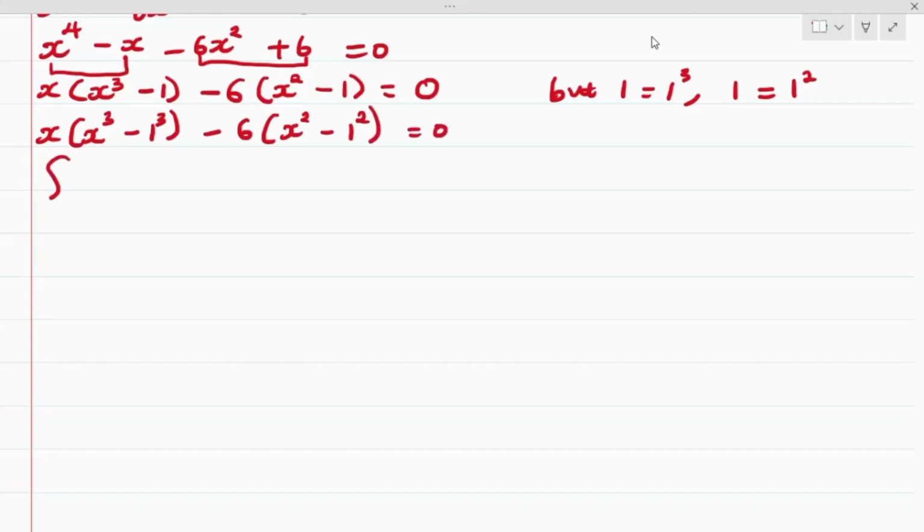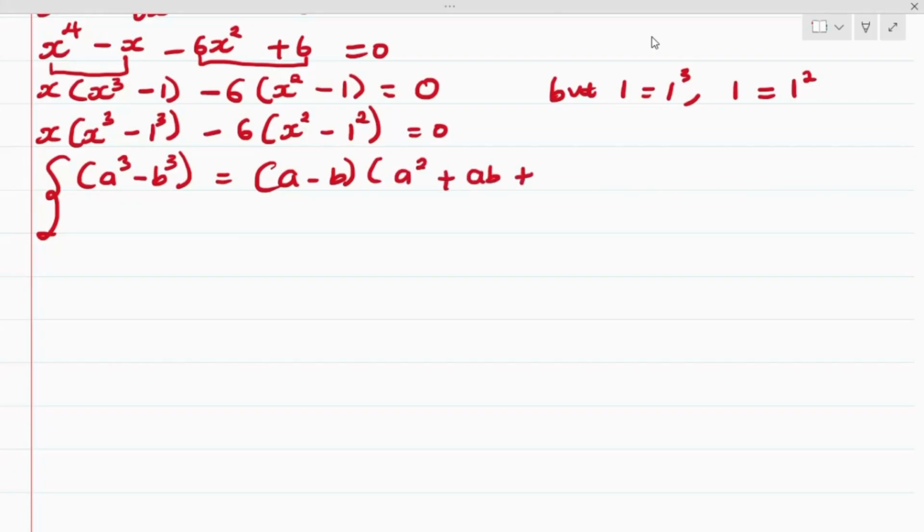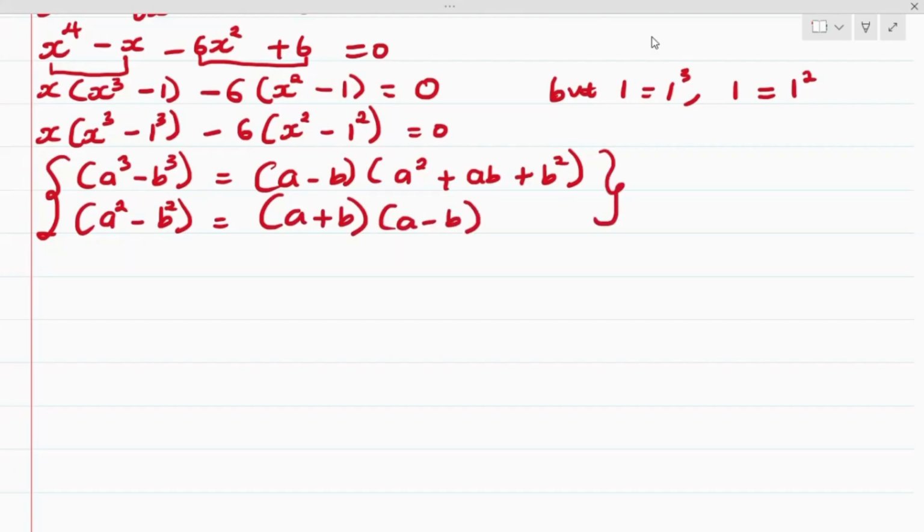Now from the identity, we know that a raised to the power of 3 minus b raised to the power of 3 is equal to (a minus b) multiplied by (a squared plus ab plus b squared). And we also know that a squared minus b squared is equal to (a plus b) multiplied by (a minus b). Let's simply apply these identities.